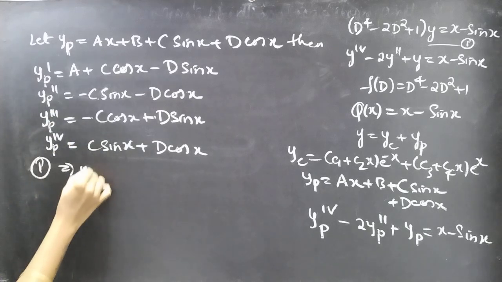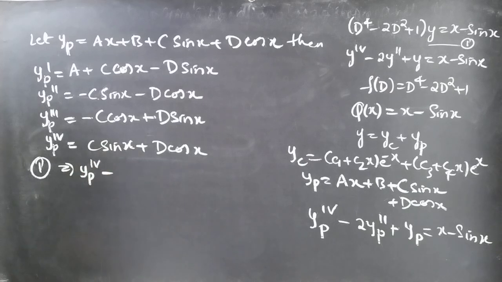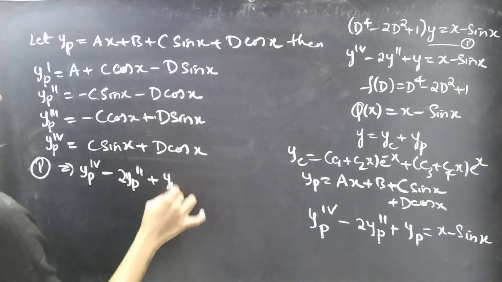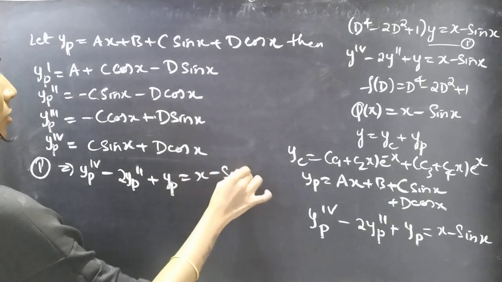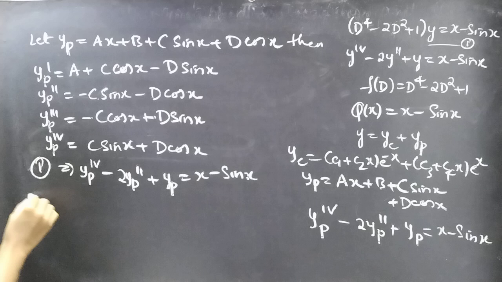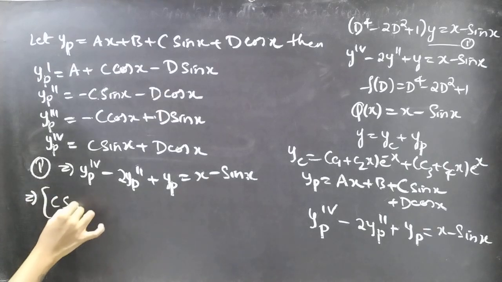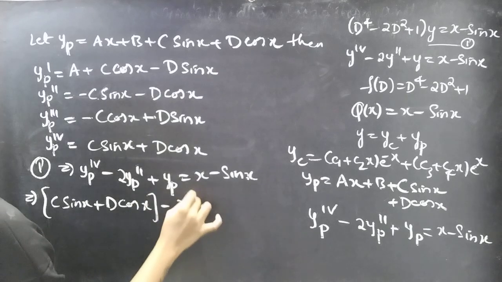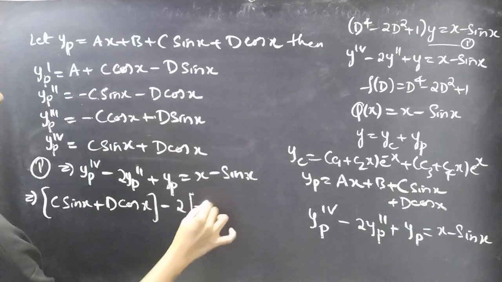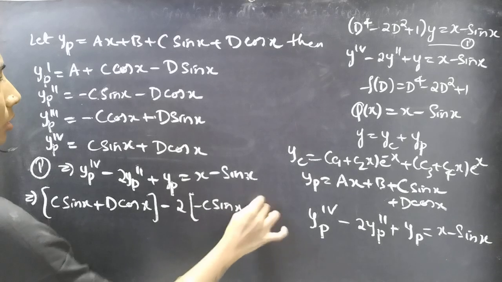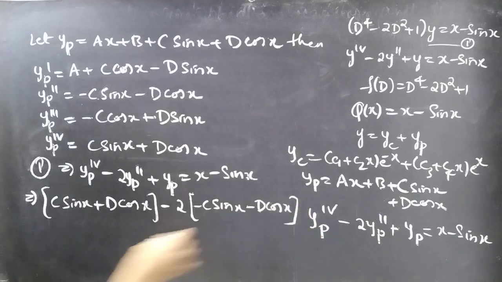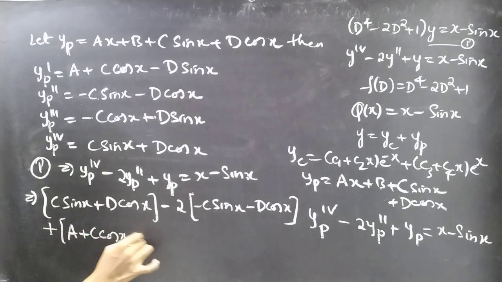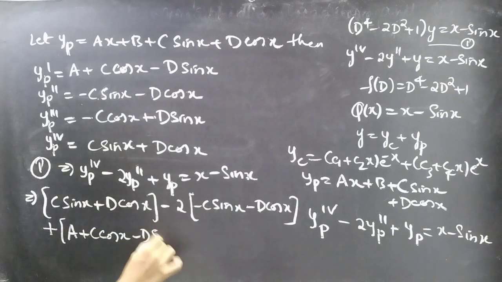Now 1 becomes, we'll write 1 in terms of yp since yp satisfies the given equation. Now substitute the values of yp double dash and yp power 4. Minus 2 times yp double dash is minus c sin x minus d cos x, plus yp, a plus c cos x minus d sin x.